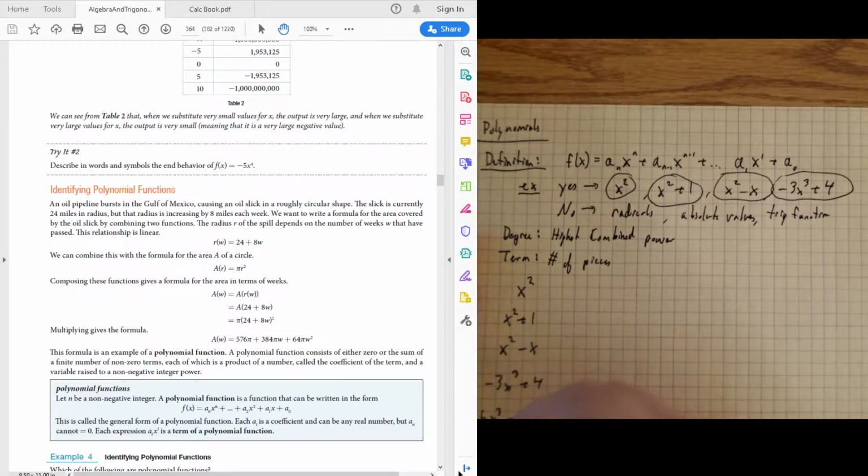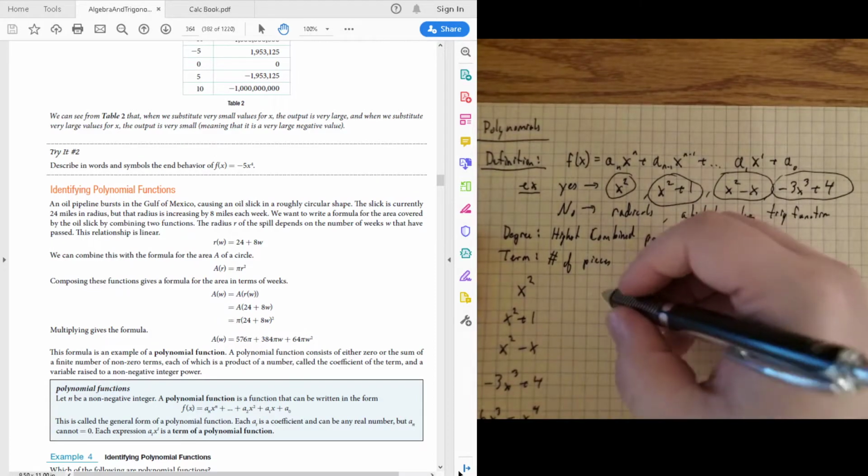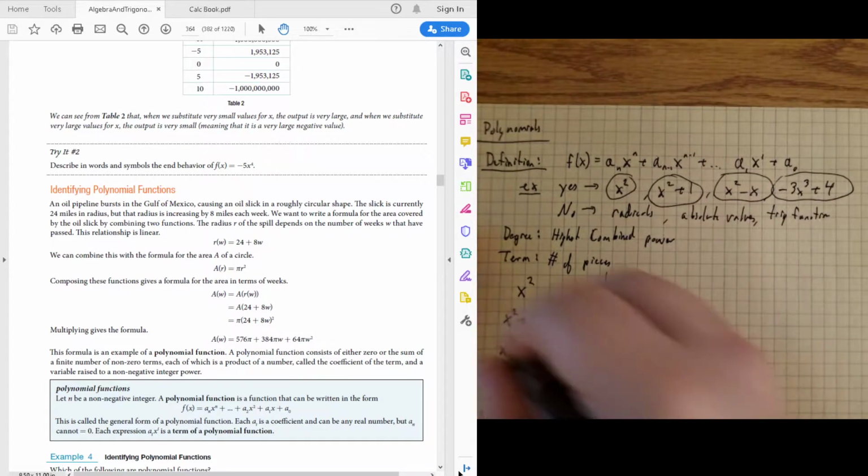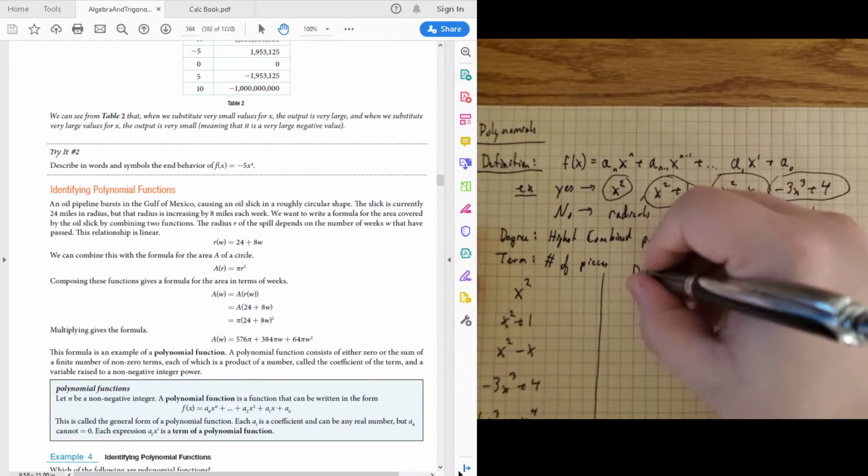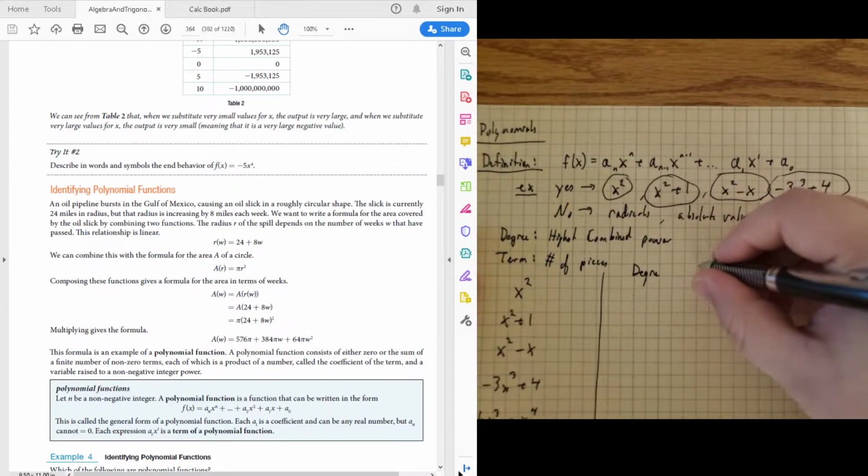And let's go with a long one here. 3x cubed minus 4x squared plus x minus 1. So let's talk about each of these degrees and terms.